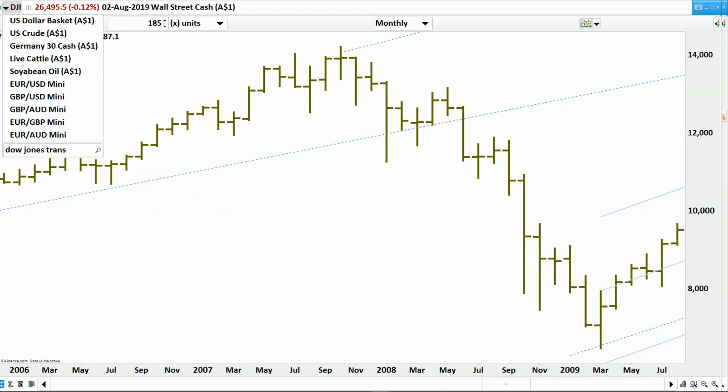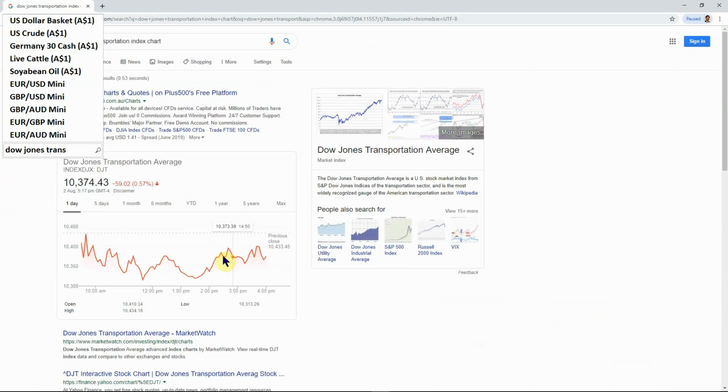So the Dow Jones Transportation Index actually failed that time, along with the Dow Jones Industrial Average. The Dow Jones Transportation Index is a precursor to the Dow Jones Industrial Average. I will show you. So this is the Dow Jones Transportation Index here in front of us.